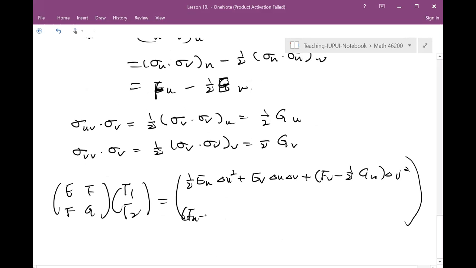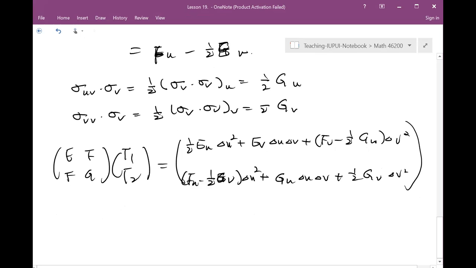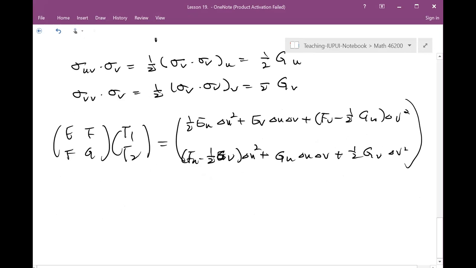And here is FU minus EV delta U squared, and GU delta U delta V plus half of GV delta V squared. So those are expressed in terms of the partial derivatives of the coefficients of the first fundamental form.